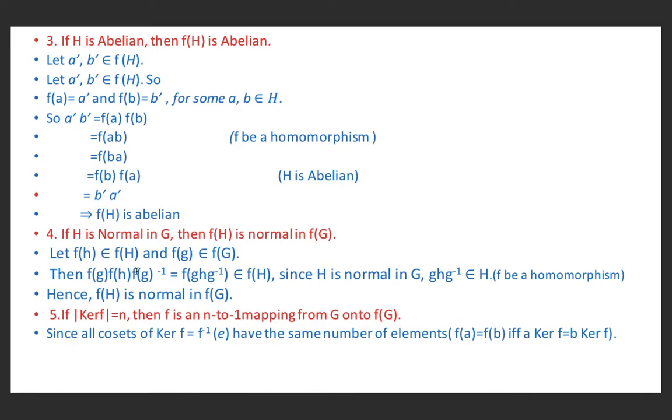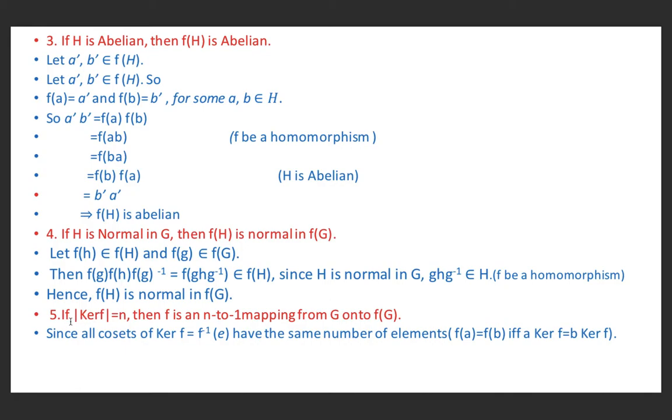Then f(g) f(h) f(g) inverse is equal to f(g h g inverse), since f is a homomorphism, it preserves the group operation. And f(g h g inverse) belongs to f(H), since H is normal in G, therefore g h g inverse is an element of H. It means f(H) is also normal in f(G).